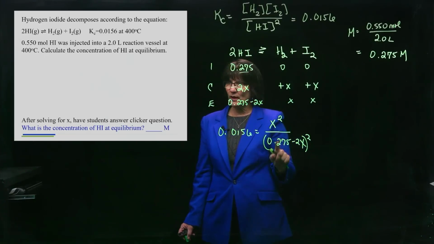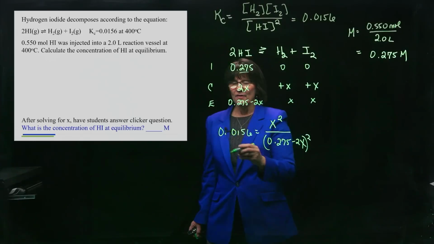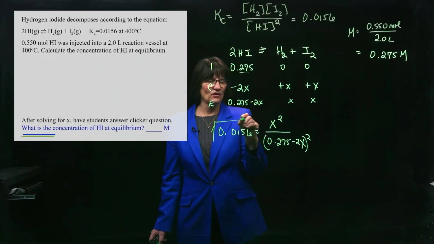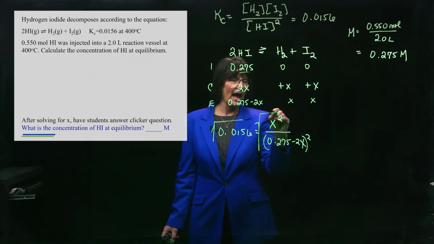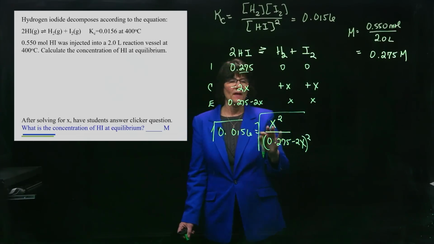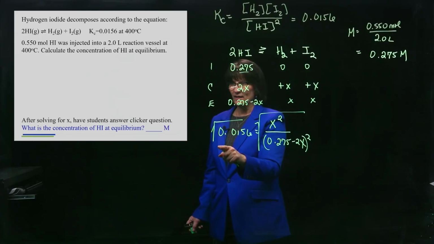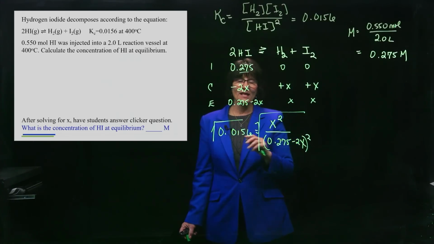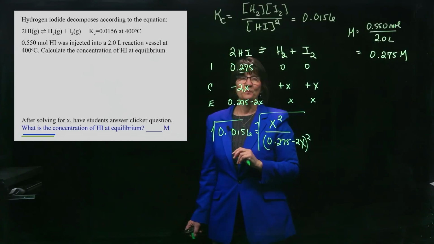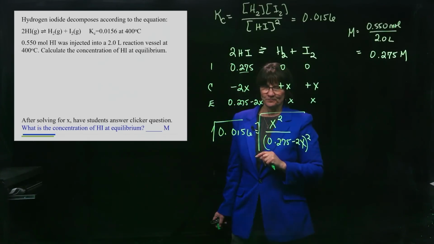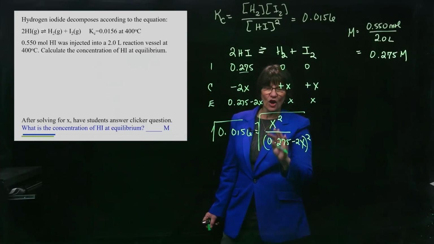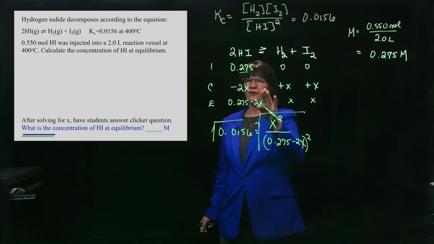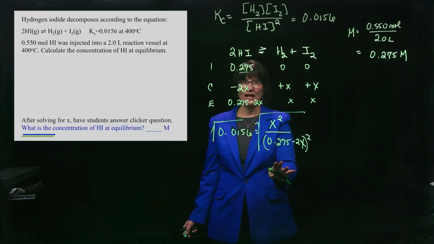If something is squared on top and the bottom, then what I can do is take the square root of both sides. Now the reality is the x we get from here is equal to plus or minus that, but again, every time I've done this, the plus value has been the one that works. If I solve for x correctly and I look up here and say that x makes no sense, then I would do the negative.